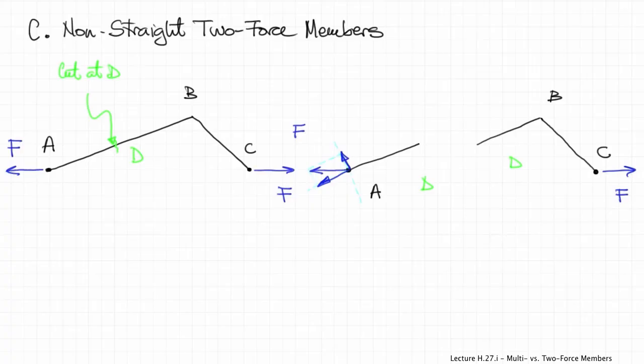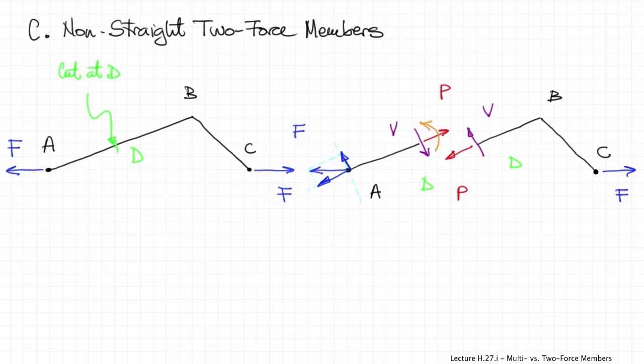And now it's obvious that for equilibrium for member AD, we will have an axial force, P, balancing one of those components, and another force perpendicular to the member, balancing the second component.